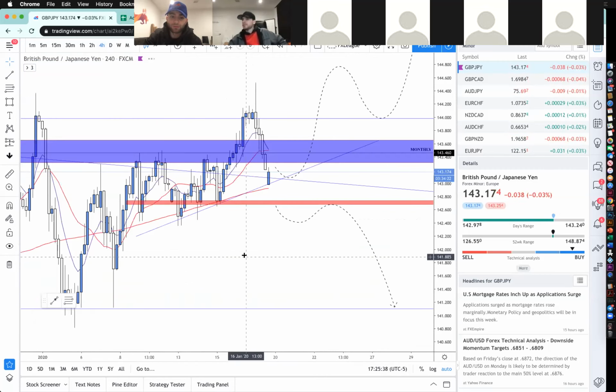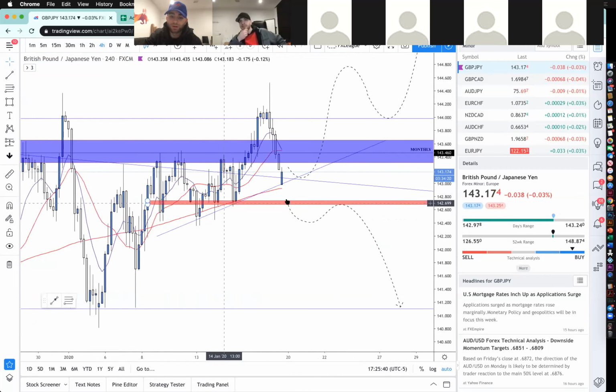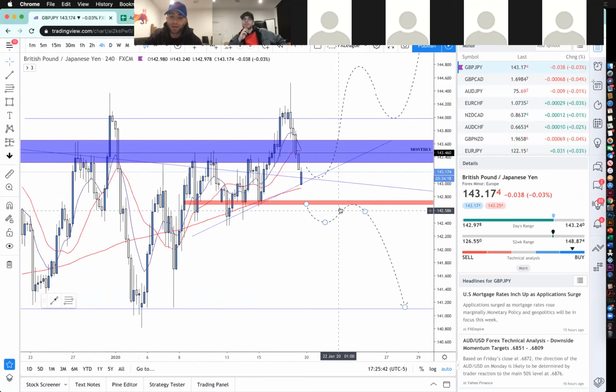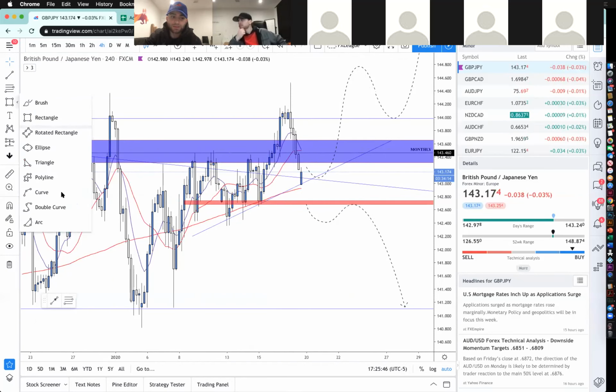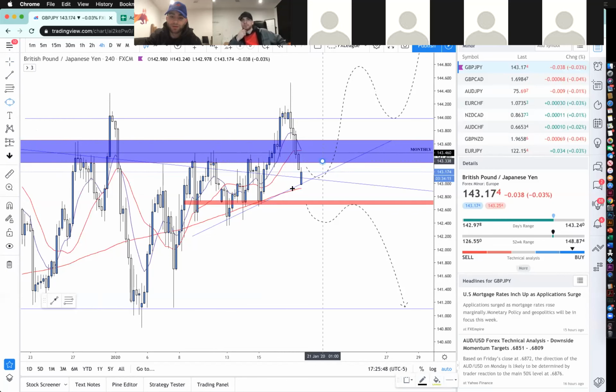On the 4-hour, I'm looking for a break of this support and then a retest, and then we'll enter that. So right now, I'm just looking to see how price reacts up in this area. This is going to be an important zone, and based on how price action forms there, I'm going to make a decision on what to do. So that's GJ. We went over a lot of pairs.